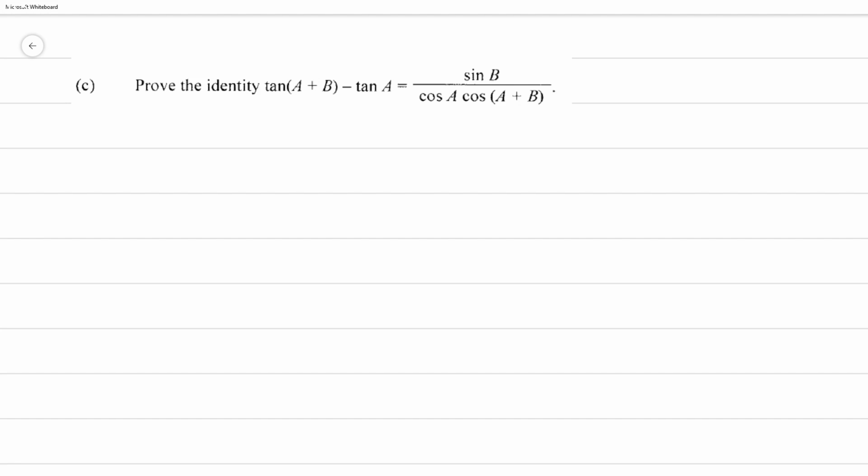So I'm asked to prove this identity involving a double angle for tan, and then a multiple angle for cosine. Now the question that you always ask yourself first when doing an identity is, where do I start? Do I start on this side, or do I start on this side?